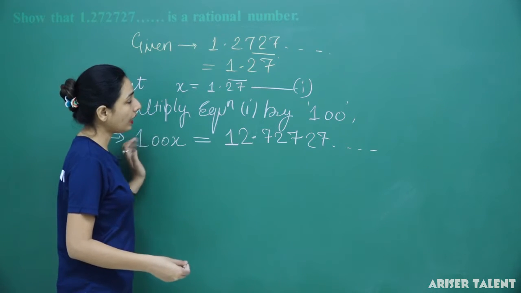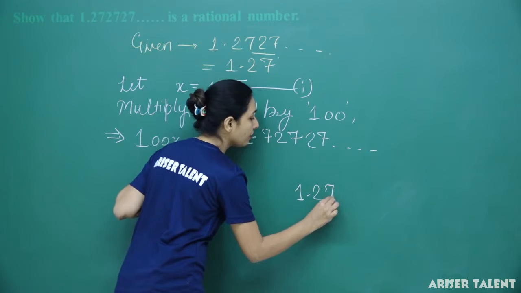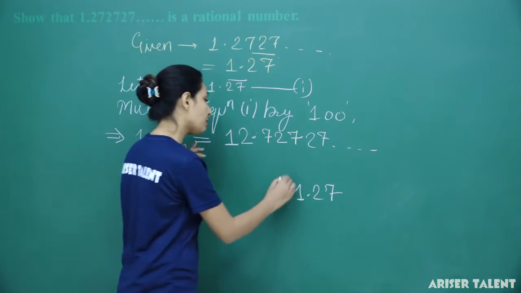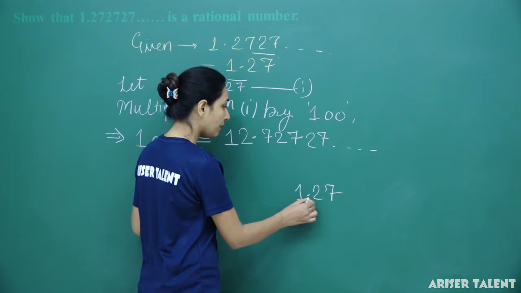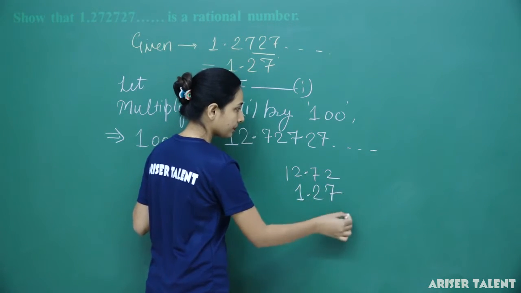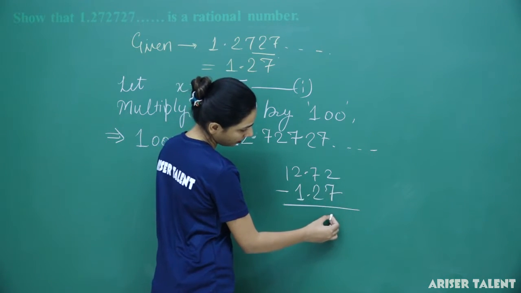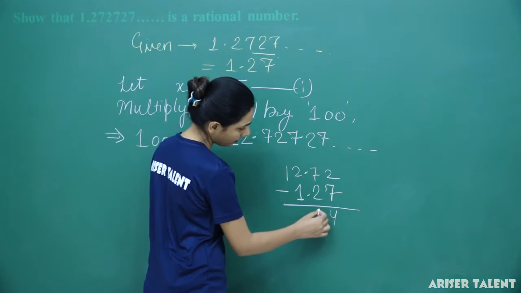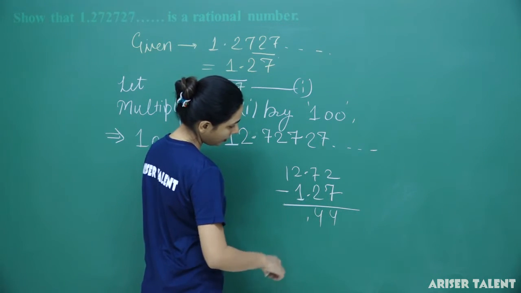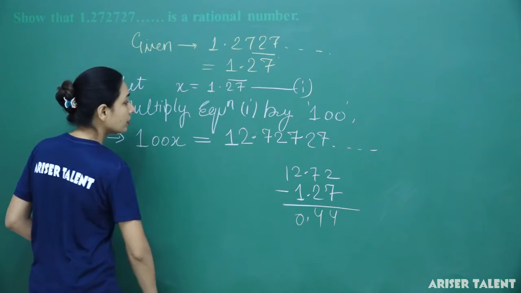Now what you have to do, you just have to pick 1.27 from there and subtract it.